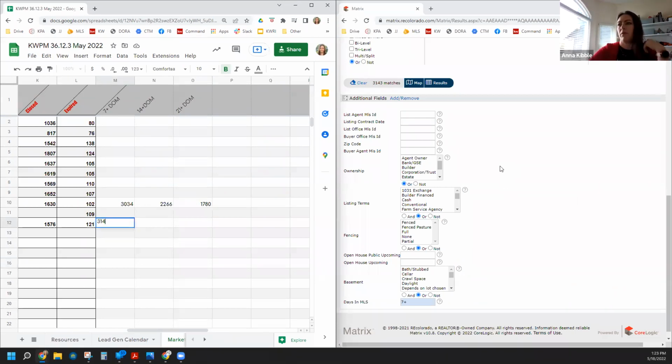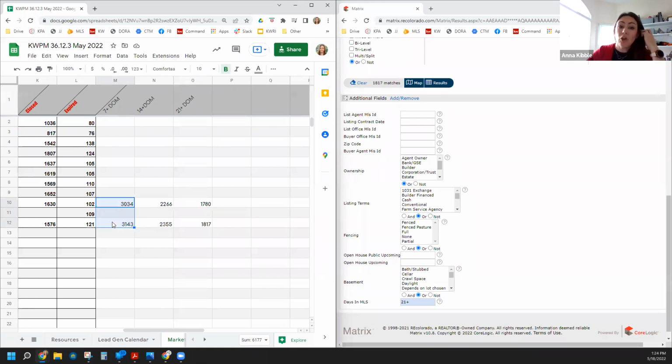7+ days, 3143. And then 14+ days, 2355, and then 21+ days, we are 1817. So a little bit of a jump everywhere, but the biggest jump at 7+ days. Right?